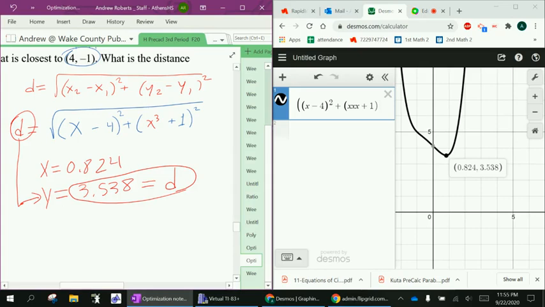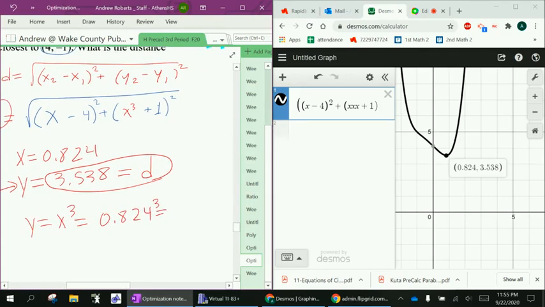Now this is my x, and the way I find my y is I know y equals x cubed. So 0.824 cubed is going to give me 0.559.